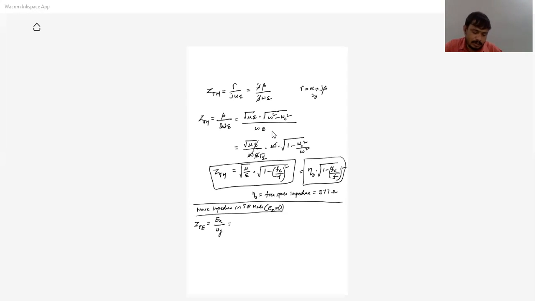Ex is equal to minus j omega mu by h square into dou hz by dou y minus gamma by h square dou ez by dou x, and Hy is minus gamma by h square dou hz by dou y.